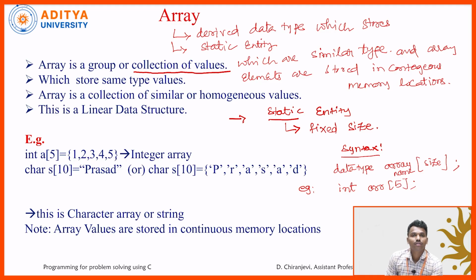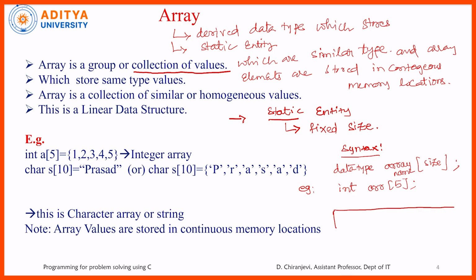Now what does it mean? If you declare an array of size 5, it will immediately allocate memory for 5 elements whose indexes are 0, 1, 2, 3, 4.